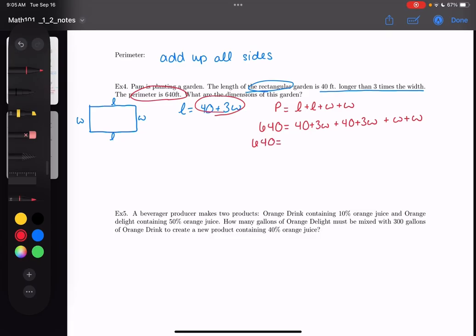I'm going to combine all my like terms. You could have also written this as 2L plus 2W, and then maybe you'd have just distributed. Again, the work may look a little different depending on what you choose to do. 80 plus 6W plus 2W. So let me add those together. So I get 80 plus 8W.